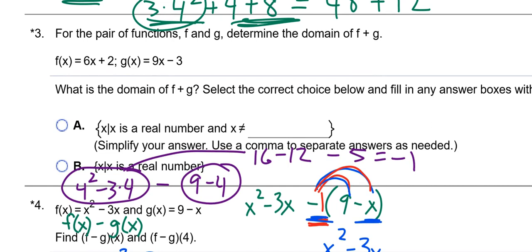They're asking me to add two functions together. All right, 6x plus 2, 9x minus 3. Want to add those two functions together, tell me what I end up with. 6x plus 2 and 9x minus 3. How many x's would that be?